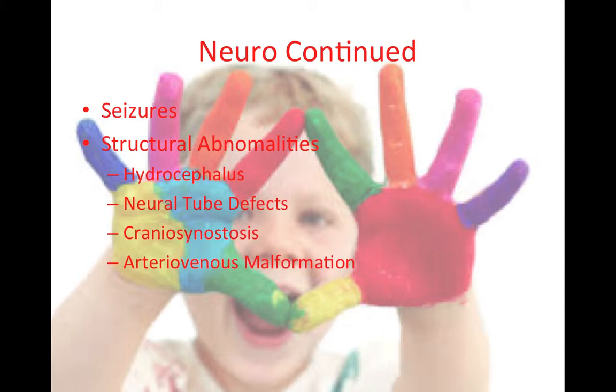So we do want to make sure we're keeping an eye on our infants and children a little more closely than we would for our adult. Of course, our adult should not have hydrocephalus, but just for this chapter, we want to make sure we know the difference and what to look for.